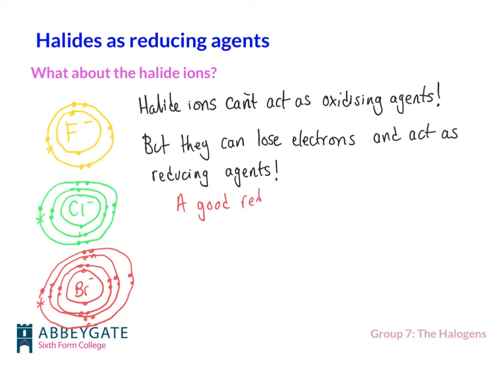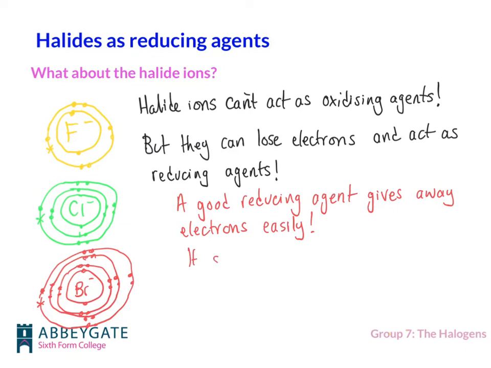So if it's bigger and it's got more shielding, it's going to have less of a pull from the nucleus on the electrons in the outer shell, and that electron is going to be held less tightly, and it's going to take less energy to lose that electron. So our strongest reducing agents are going to be at the bottom of the group. So bromide is going to be a better reducing agent than chloride is, and chloride is going to be a better reducing agent than fluoride is.